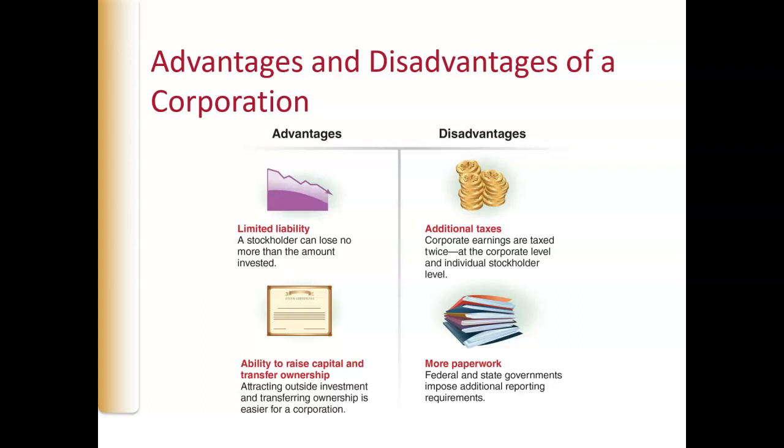Whereas when you're a sole proprietor, you have unlimited liability, because you are the only individual involved in that organization. If someone's harmed by you, they can come back after your own personal assets if you've in fact harmed them.